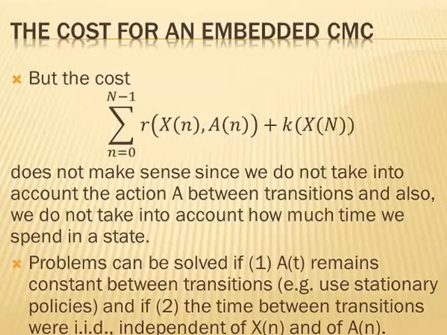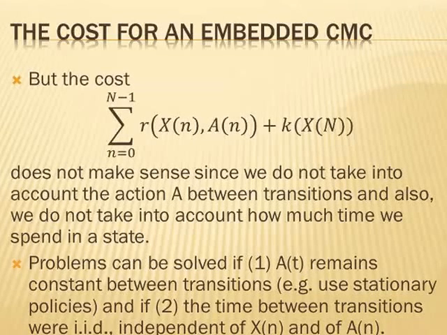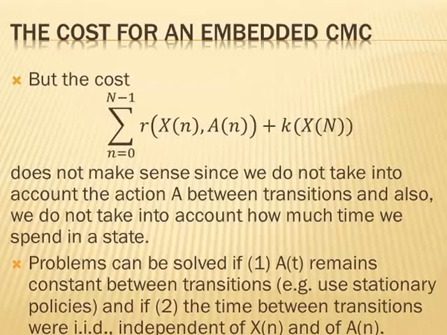And this is the case if we use a stationary policy or if we use some other policy that takes them to be constant. And this can be done, in fact, without loss of optimality. I will not show here why we may restrict to such policies, but this turns out to be the case.